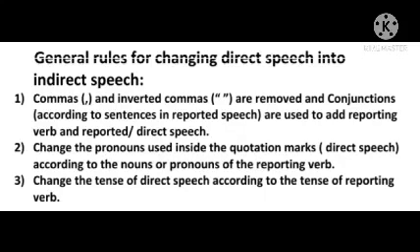Next, we have to change the pronouns of reported speech or direct speech according to the pronouns or nouns of the reporting verb. Then the next thing that we have to do is to change the tense of the direct speech according to the tense of reporting verb.